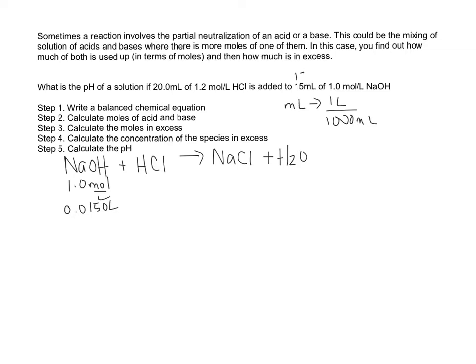Let's make that 15.0 milliliters. Hydrochloric acid, 1.2 moles per liter, and 0.0200 liters. So, figure out the moles of base, figure out your moles of acid.